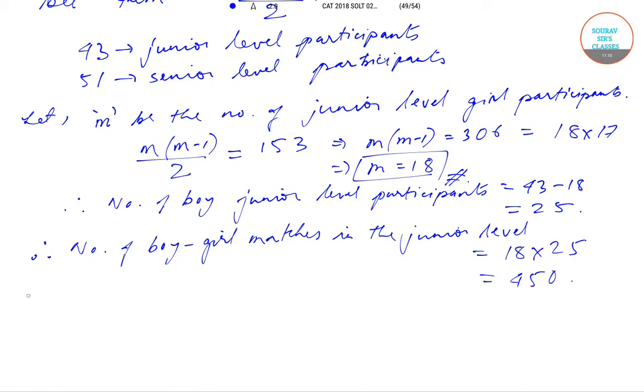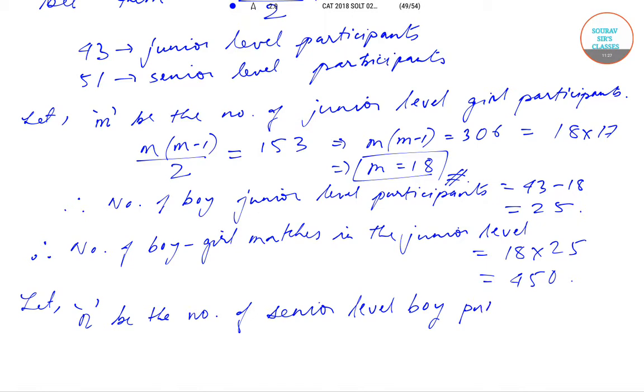Now what we'll try to do, we have to also do the similar kind of thing for the seniors. Let small n be the number of senior level boy participants.